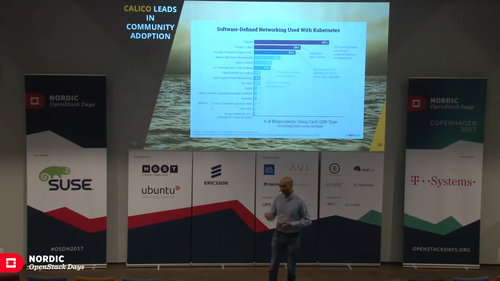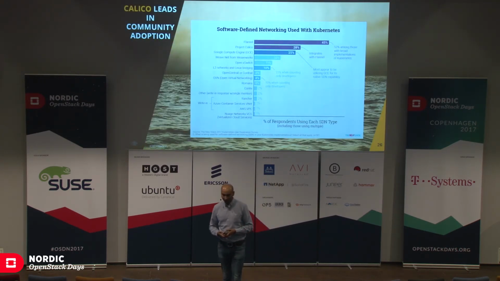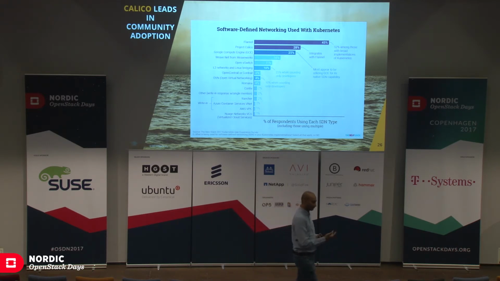And so this is a number of examples, and in fact, I think the most recent survey of actual adoption of different network plugins in Kubernetes shows the top two are both Flannel and Calico, by the team here at Tigera. But obviously, even Google use Calico.